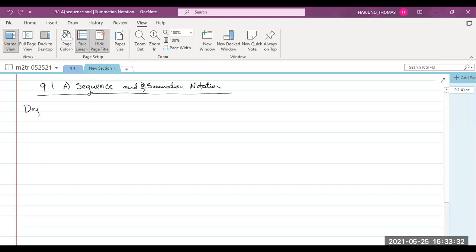Definition, what is a sequence? A sequence is a list of numbers in certain order.